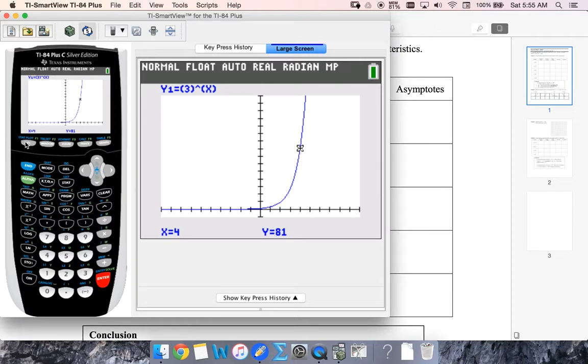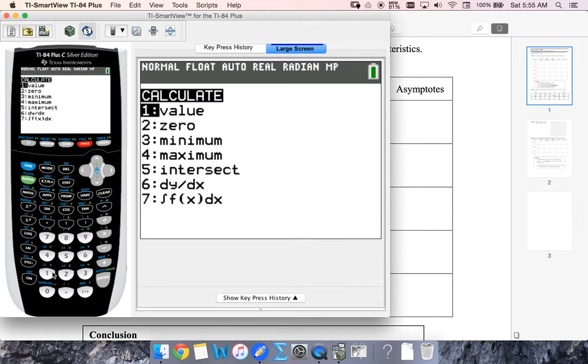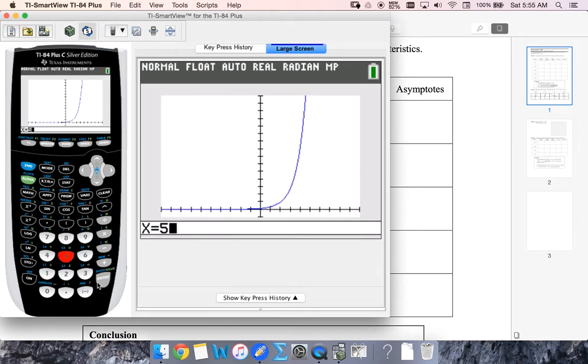When x is 5, it's already well off the charts. I can't see it: 243. And that's just going to keep happening, because it's being raised to that power. 3 to the 5th is 243. 3 to the 6th is over 600, because I'm multiplying all this by another 3.